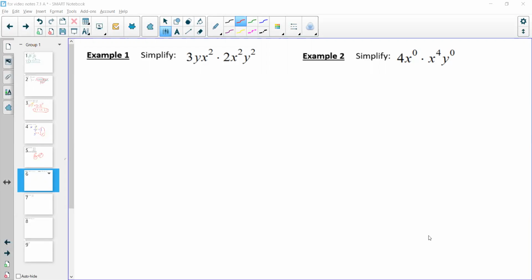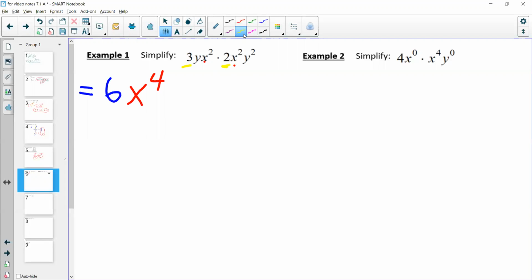The first thing we'll do is take the two coefficients and multiply them together. So that gives me 6. Then I'm going to use the product rule for the x term and the x term, and that will give me x to the 4th because I add the exponents.